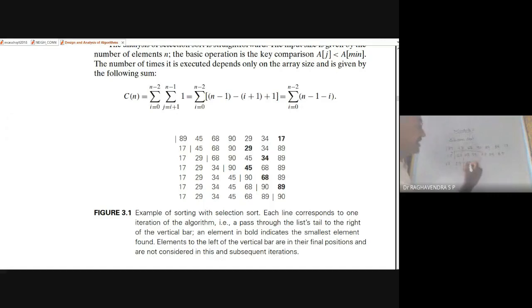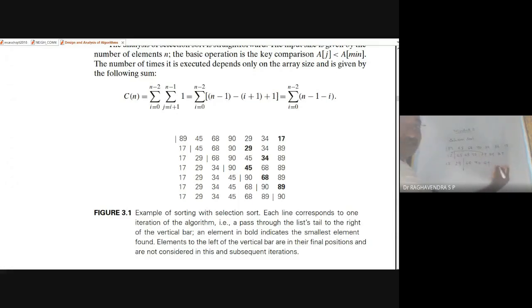68, 90. Otherwise, do one thing: take the remaining portion, that is 68, 90, then in this place, 29 has moved here, so we have to take the 45 here.